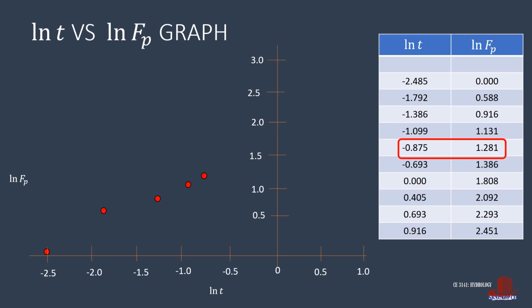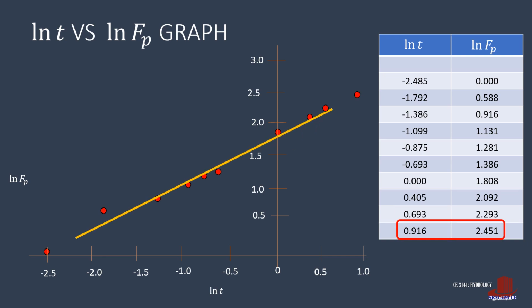There is also negative 0.875 and 1.281. Then negative 0.693 and 1.386. The next one is 0 and 1.808, with 0.405 and 2.092. The last two are 0.693 and 2.293, with 0.916 and 2.451.